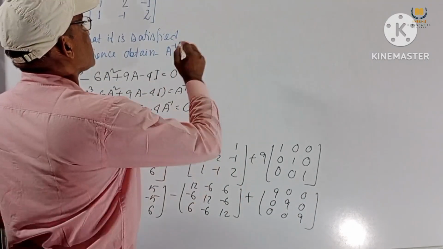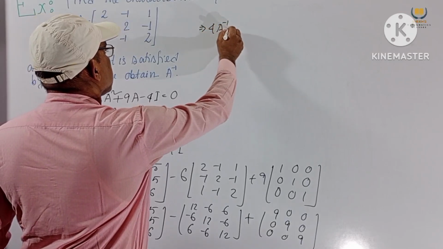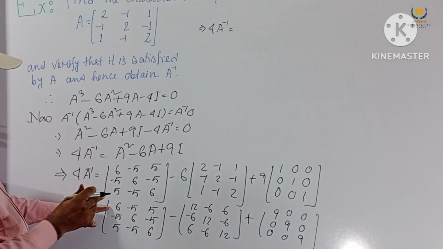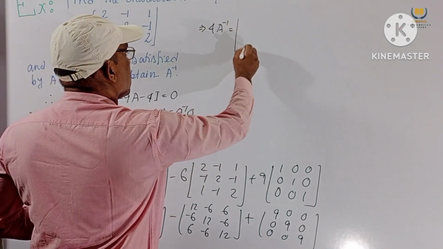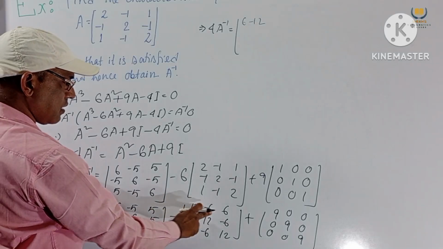So this implies 4A inverse equal to, and adding, 6 minus 12 plus 9.